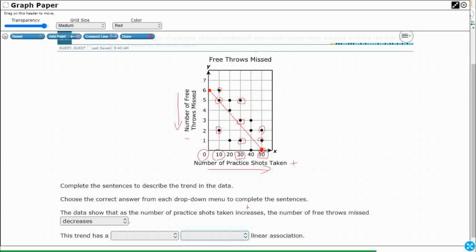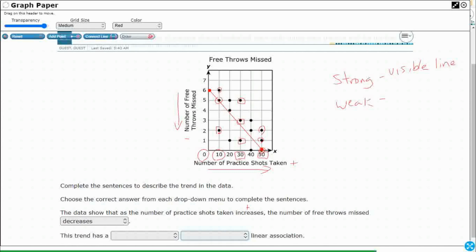Okay, so what's the difference between a strong or weak? We're looking at the graph here. Well, a strong correlation is going to have a very visible line, and it's going to look pretty much like a straight line with maybe just 1 or 2 that don't fit that pattern.